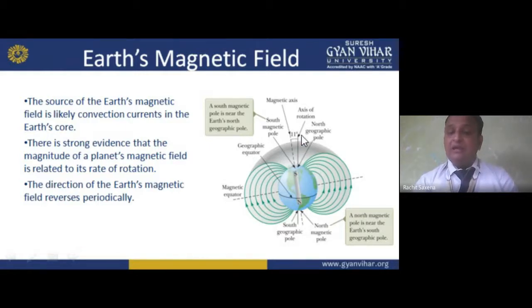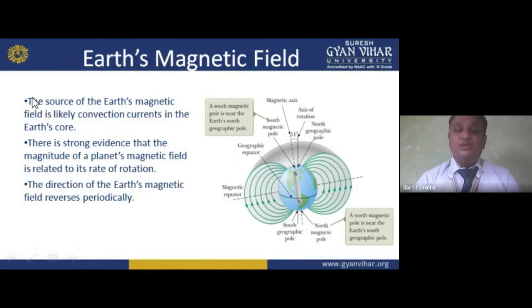It is rotating. But what happens? It is attracted here. So it is the south pole of the magnet, but it is basically the north geographic pole. So I hope you understand this. Now, a south magnetic pole is near the Earth's north geographic pole. The north magnetic pole is near the Earth's south geographic pole, as I told you earlier.